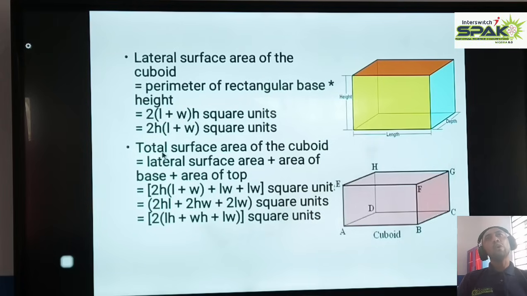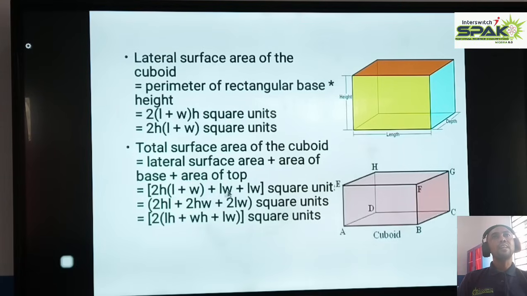And also we have the total surface area of the cuboid. Total surface area is lateral surface area plus area of base plus area of top. So we have the lateral surface area, which is 2h into bracket L plus W, plus area of base, that's length times width, plus area of top, length times width.